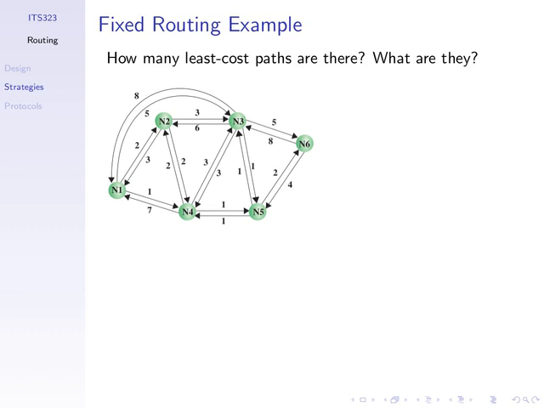Here's our simple network that we've shown and illustrated yesterday. How many least cost paths are there in this network? I think we may have answered that yesterday, but quickly, how many least cost paths in this network?